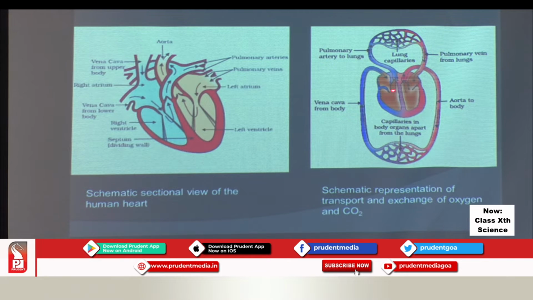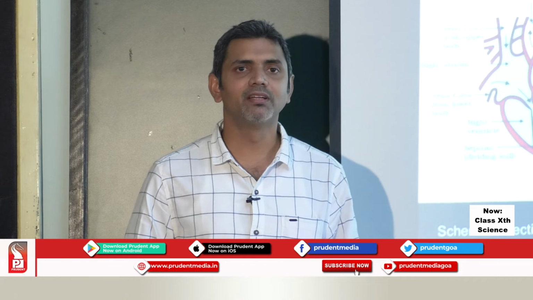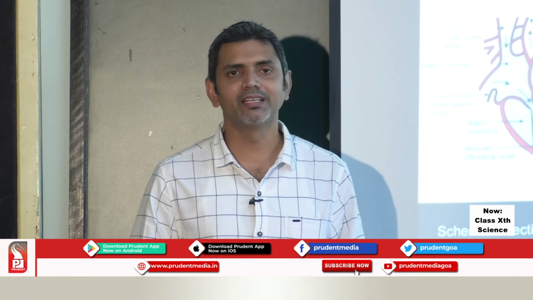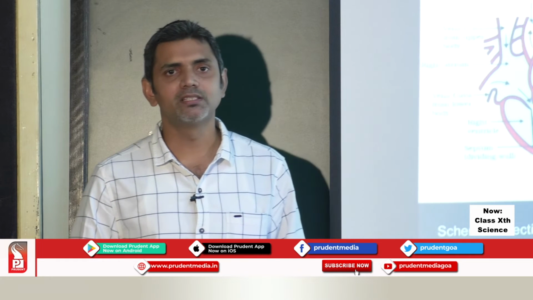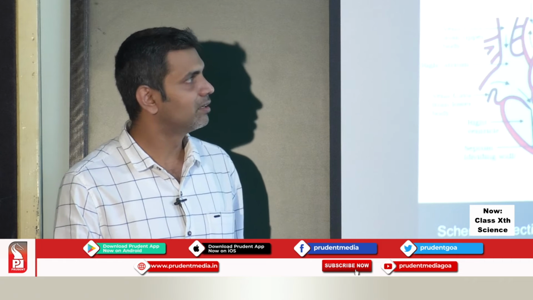From this right ventricle the blood will be carried to the lungs, and as I said here, the pulmonary artery carries deoxygenated blood. We can see here the pulmonary artery carries deoxygenated blood to the lungs. And when we were learning regarding respiration, the breathing mechanism, lungs always contain a residual volume of air during breathing, because in the lungs exchange of gases has to take place.